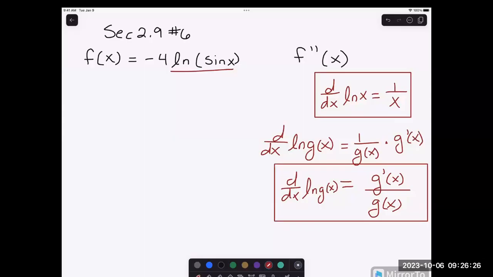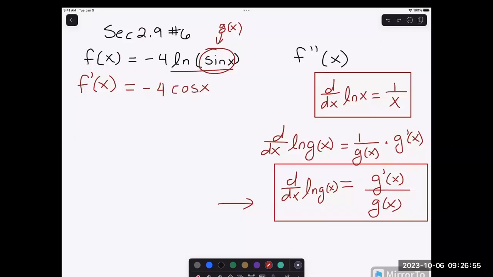So when I find my derivative, f prime of x, I'll bring down the -4 and then use this rule here. So my g of x is the sine of x. The derivative of sine is cosine. So that's the g prime of x part.